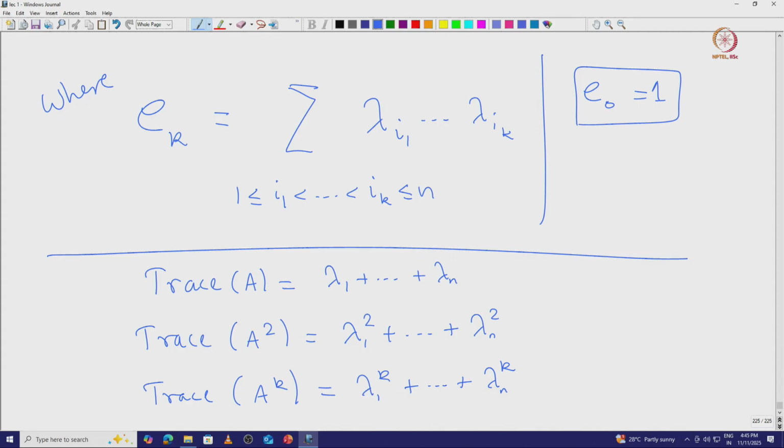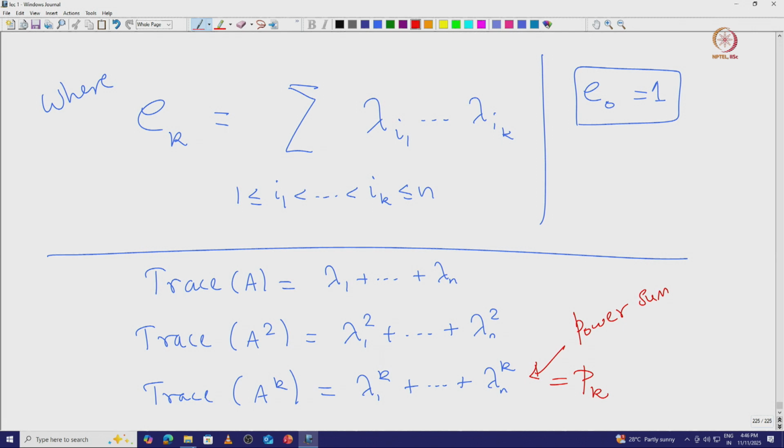So, these are some quantities, and if you look at these traces closely, you can see that this is nothing but the power sum polynomials. Usually they are denoted by p k. So, p k of lambda 1 etcetera lambda n is defined to be lambda 1 power k plus etcetera lambda n power k.